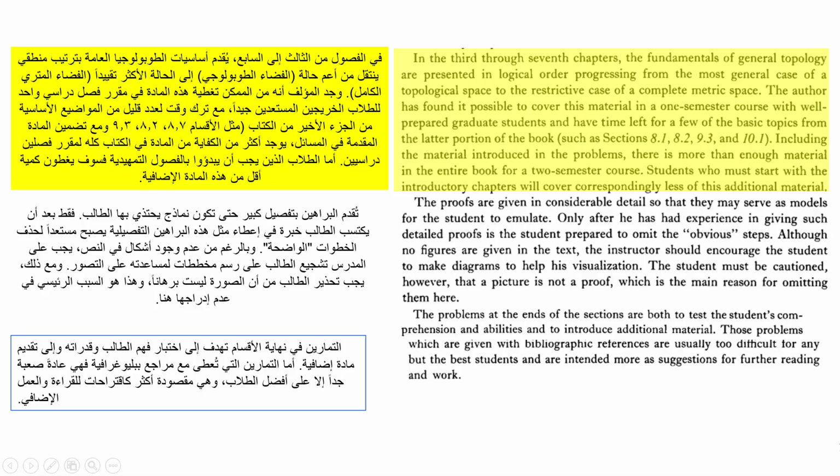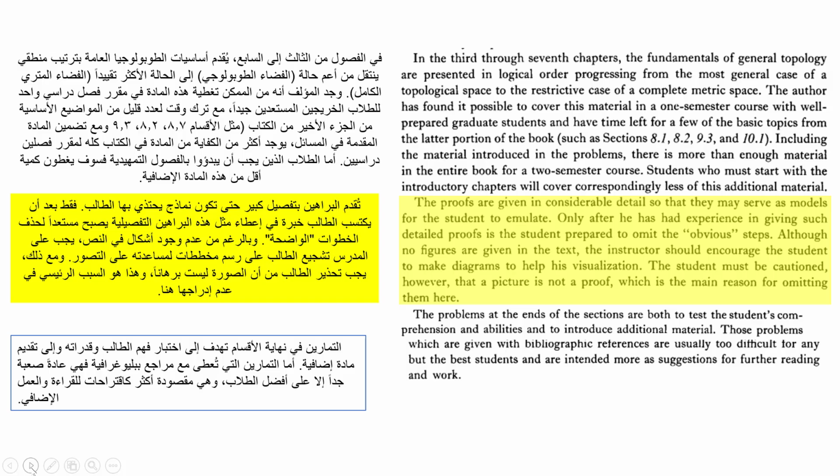The author has found it possible to cover this material in a one-semester course with well-prepared graduate students and have time left for a few of the basic topics from the latter portion of the book, such as sections 8.1, 8.2, 9.3, including the material introduced in the problems. There is more than enough material in the entire book for a two-semester course. Students who must start with the introductory chapters will cover correspondingly less of this additional material.